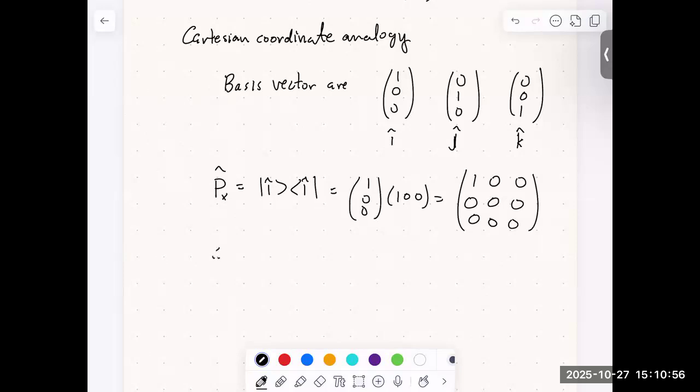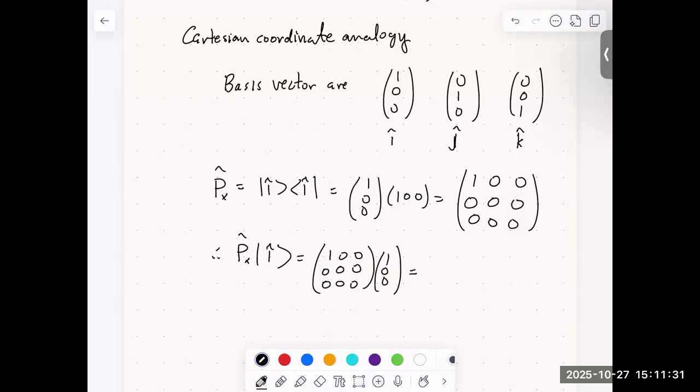Well, let's see how it works. Let's take this projection operator and act on just the i hat state. So we're asking how aligned is i hat with the x direction? And so we expect it to be perfectly aligned. And so it would be 1, 0, 0, 0, 0, 0, 0, 0, 0. And then we have a column, 1, 0, 0. And if you do this matrix multiplication, it's going to be 1 times 1 plus 0 times 0 plus 0 times 0.